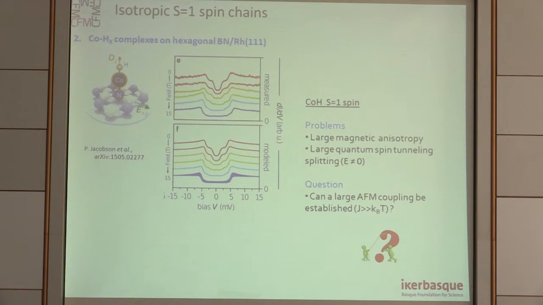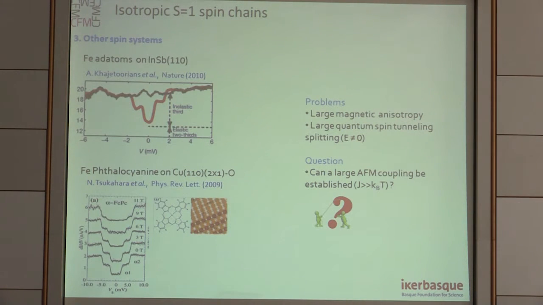And on the other hand, it still has to be tested experimentally whether spin chains can be built on this substrate. The other possible candidates, the iron atoms on indium antimonide and the iron phthalocyanine on oxidized copper surface, may have similar problems, that is a quite large magnetic anisotropy, and still the possibility of building spin chains using these atoms.